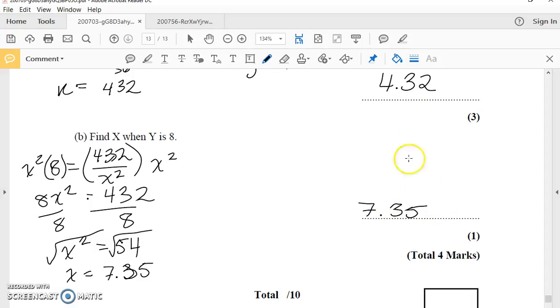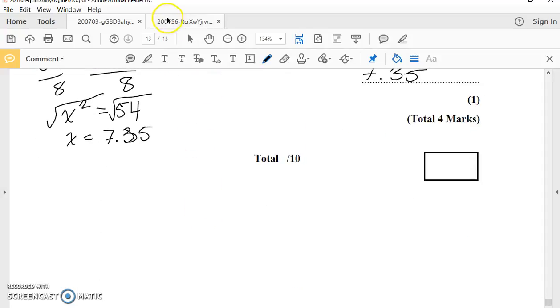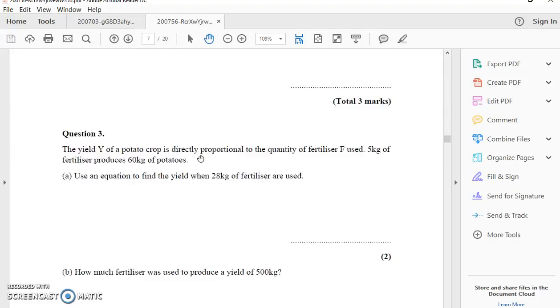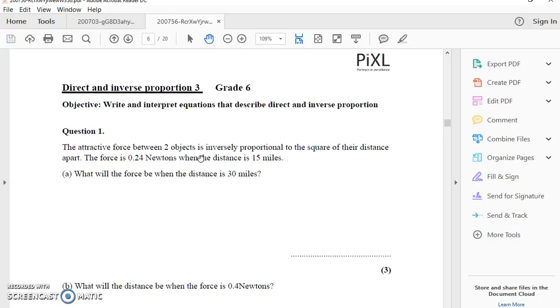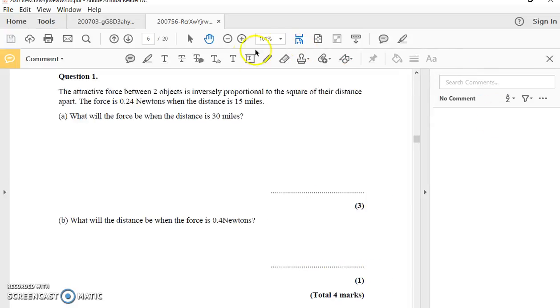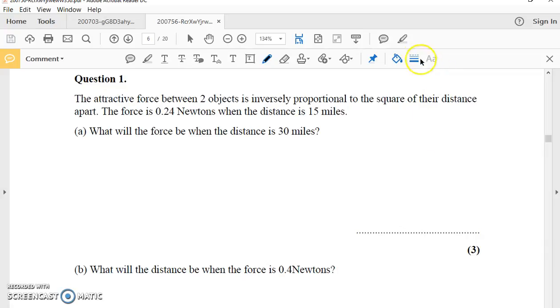Ta-da! Alright, so the last one I want to do is more of a problem-solving question. And it takes inverse proportion and puts it in the context of force and distance. So the first thing we have here is that we know the force between two objects is inversely proportional to the square of their distance.